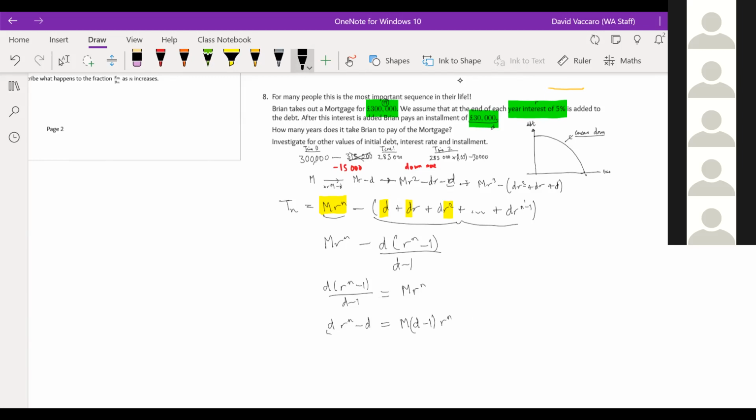We want to find n, so if we gather all the terms with R^n together, we get D + M - MR, R^n is equal to D.